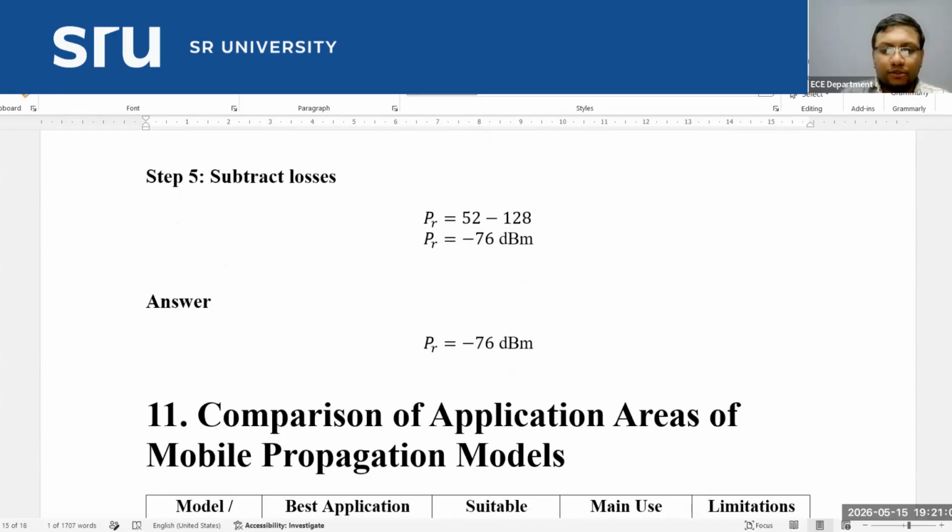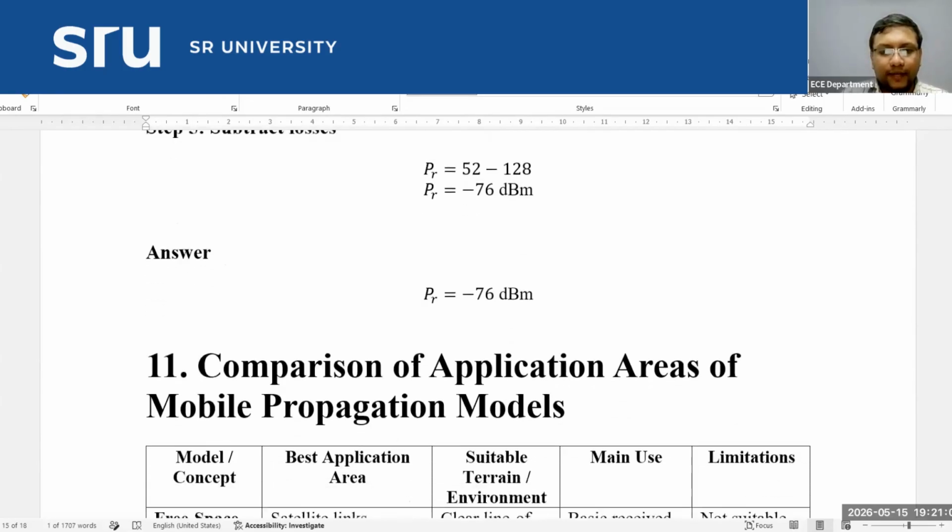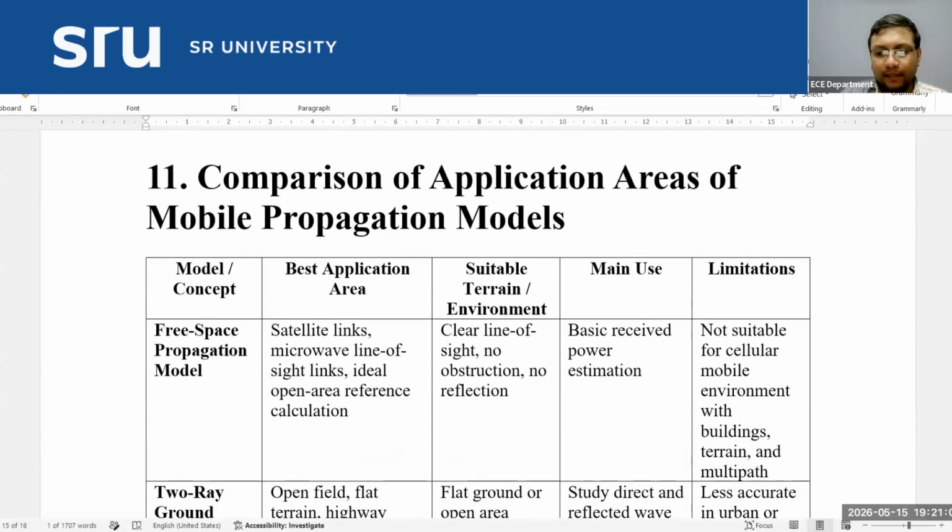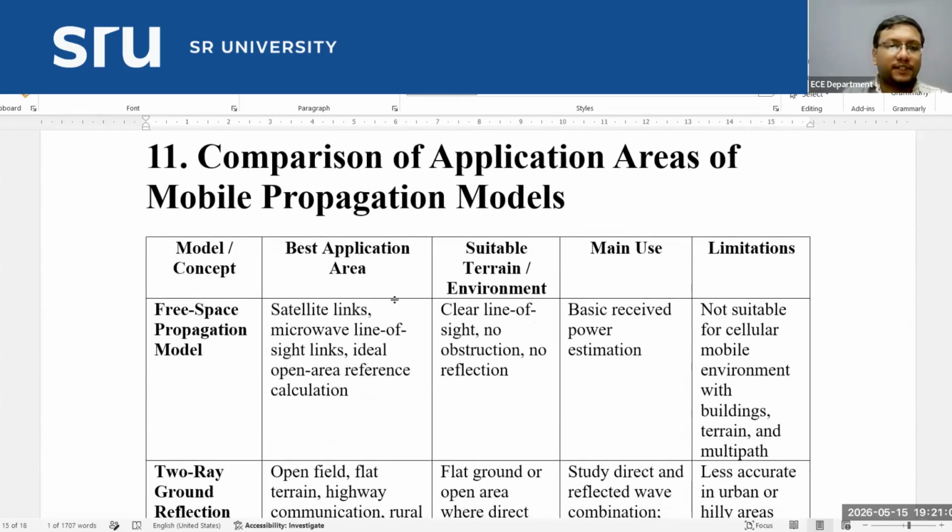Now let us come to, so we have discussed different types of mobile propagation models. First we started with a free space propagation model. Satellite links are there, microwave line of sight links are there, ideal open area reference are there. It means between transmitter and receiver, there is only free space.